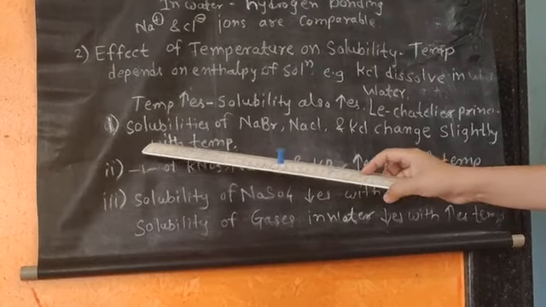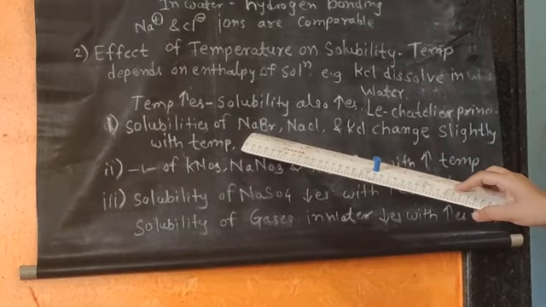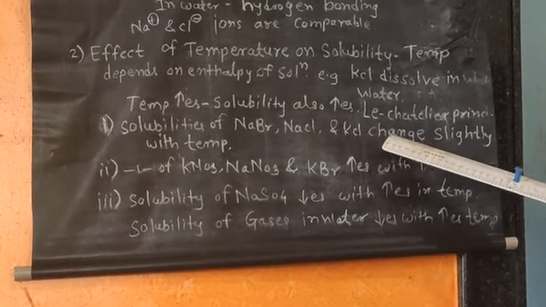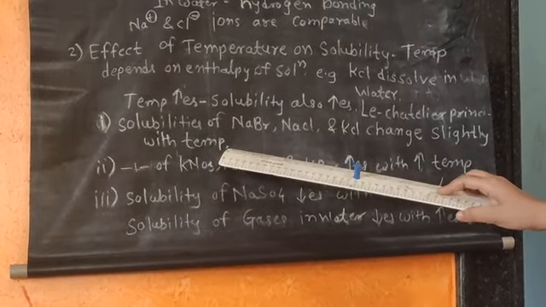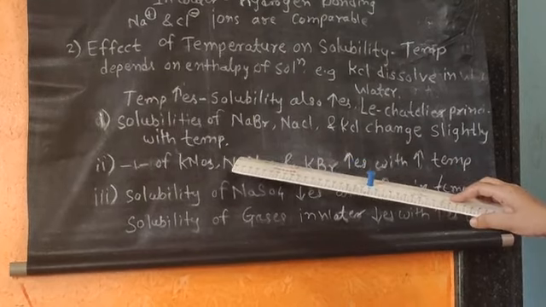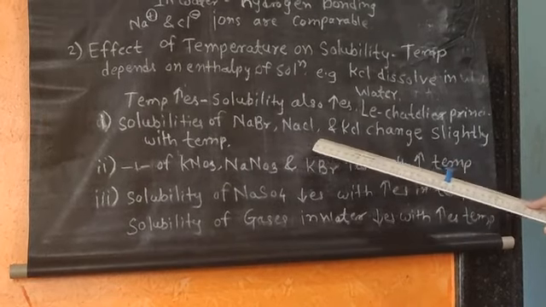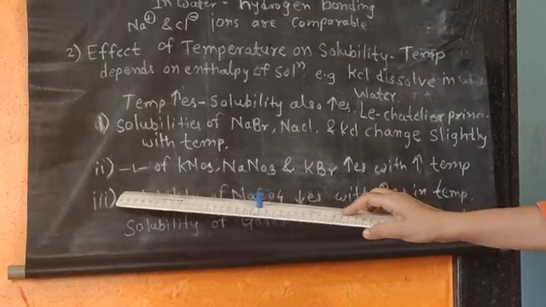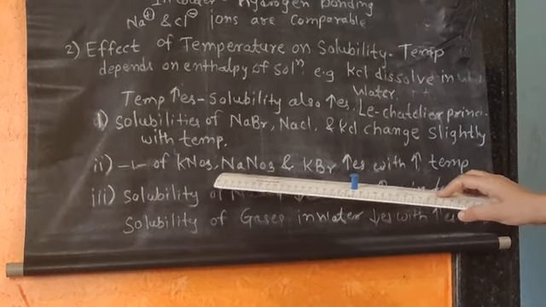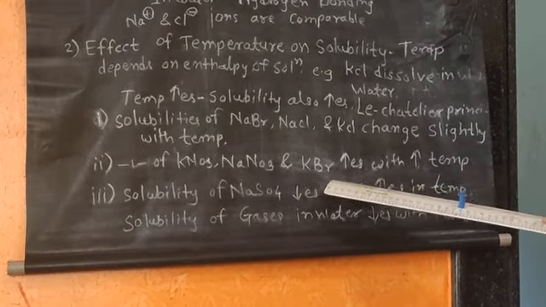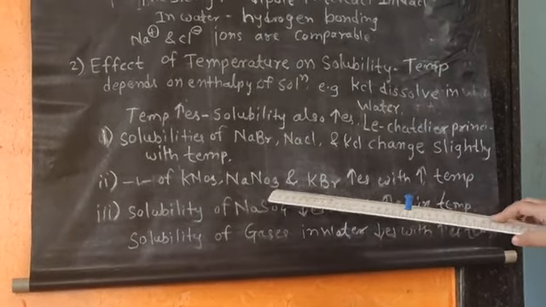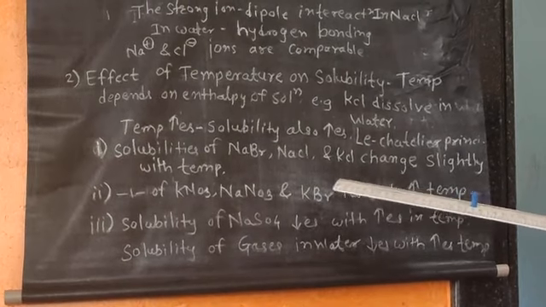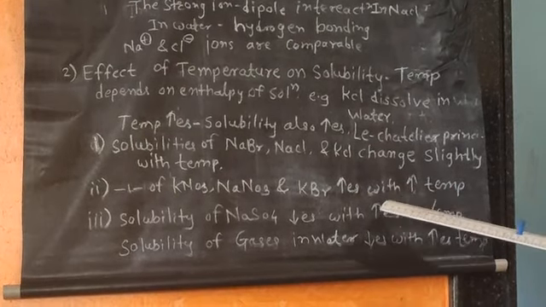For example, first we see that the solubility of NaBr, NaCl and KCl changes only slightly with temperature. Second are KNO3, NaNO3 and KBr: when we increase the temperature, the solubility also increases.